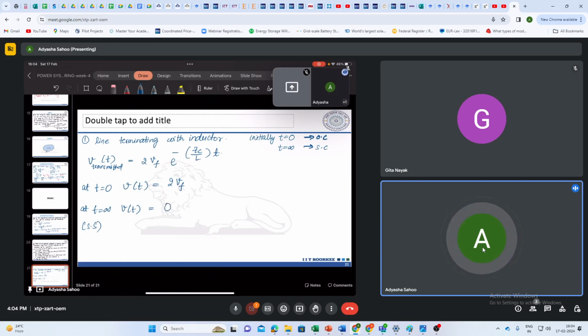So basically if I draw the voltage across the inductor versus time, at t equal to 0 it is at 2 times the incident voltage, and after a very long time it will exponentially decay to 0. So let us see what options are given.